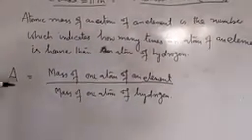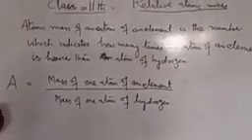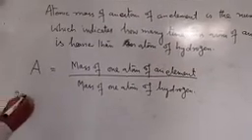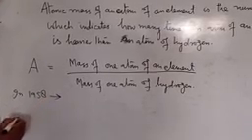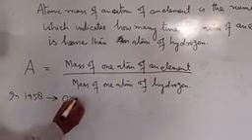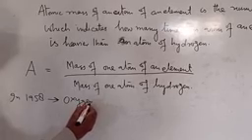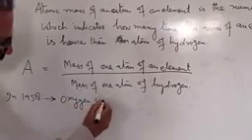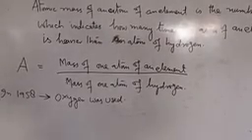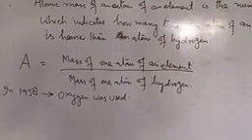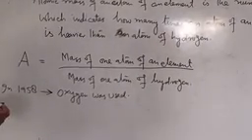In the beginning, hydrogen was used, and in 1958, oxygen was used as a standard. That means the atomic masses of the elements were determined by comparing with the oxygen atom.